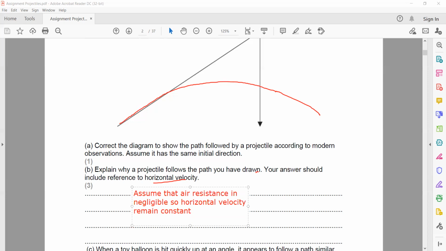And the second thing, acceleration due to gravity is there.